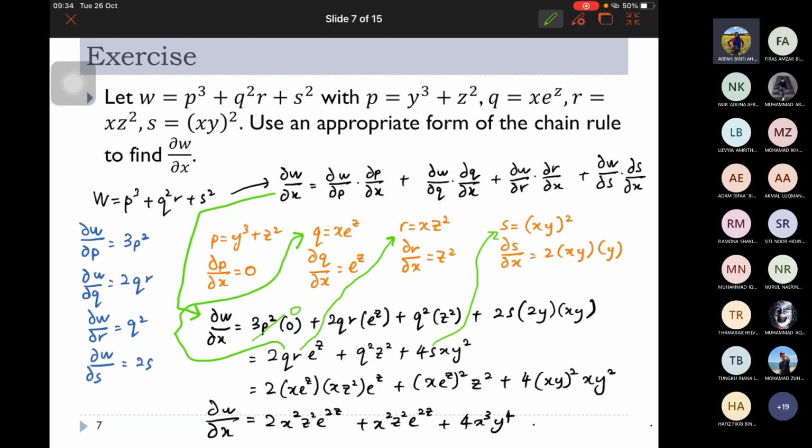So dapat? Okay. Dapat. Soalan tak so far?